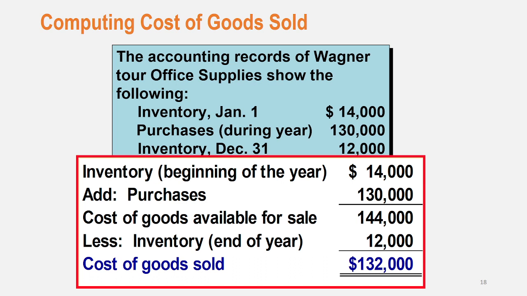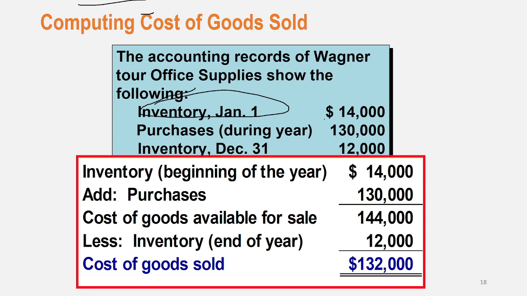First, beginning inventory on January 1st equals 14,000. This is the inventory that we had at the start of the year, and in our example it is equal to $14,000.